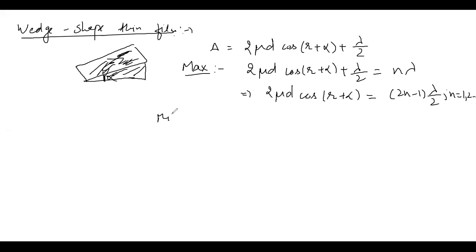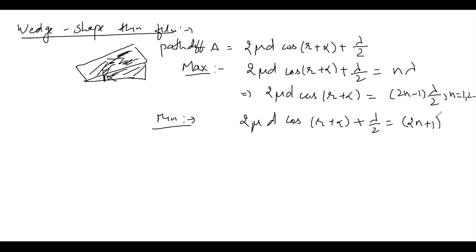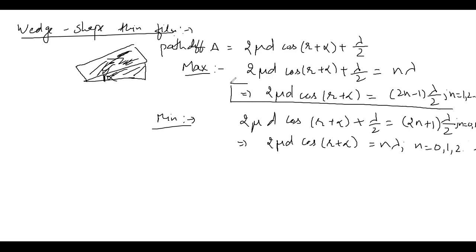Similarly, for minimum, your this path difference, which is given by this expression, would be equal to where your n starts from 0 onwards. And from here, then you can say that this is going to be equal to r plus alpha is equal to n lambda, where your n starts from 0, 1, 2, and so on. So this will be your condition of maximum, and this will be your condition for minimum.